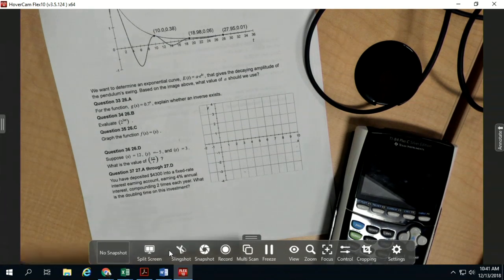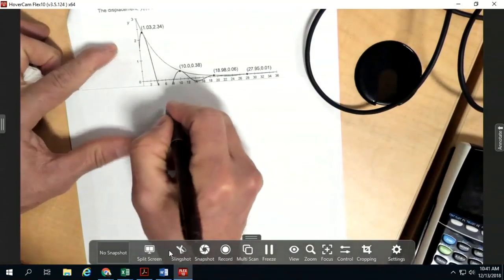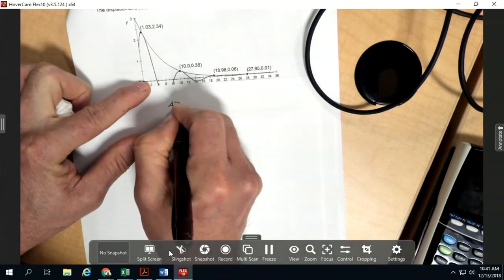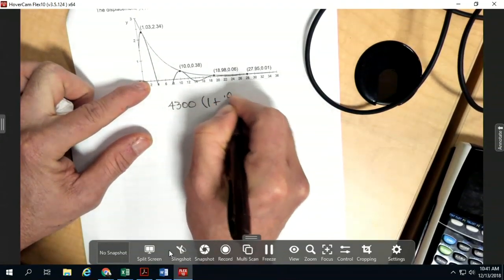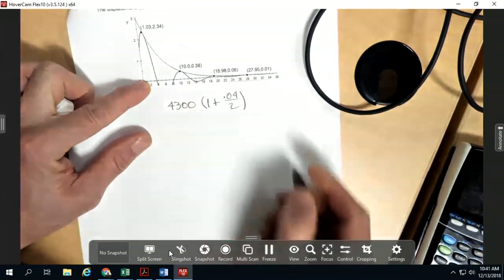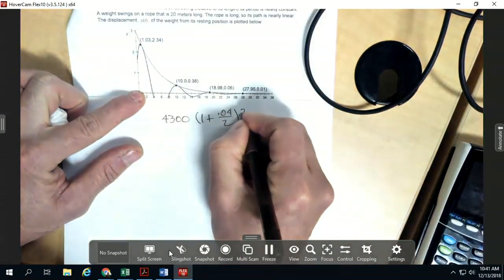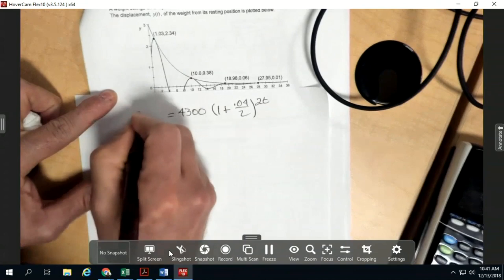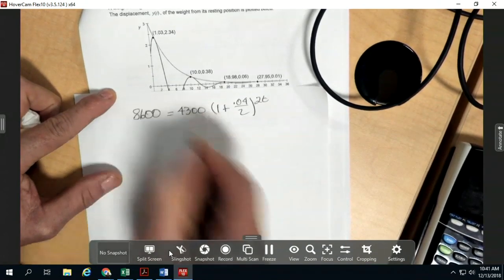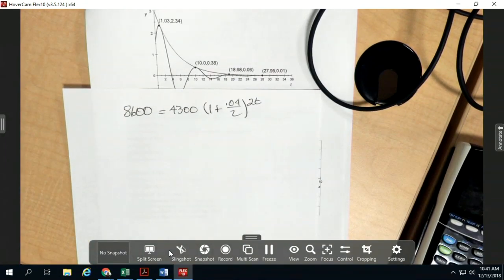So you had this part right: 4,300 times 1 plus 0.04 over 2 to the 2t. You want to know when is it going to be 8,600. Does that make sense? Because you have to double it.